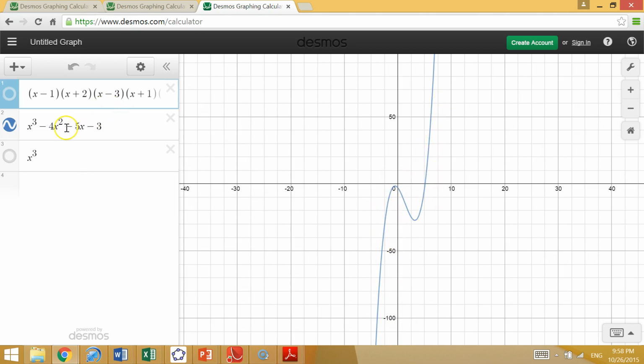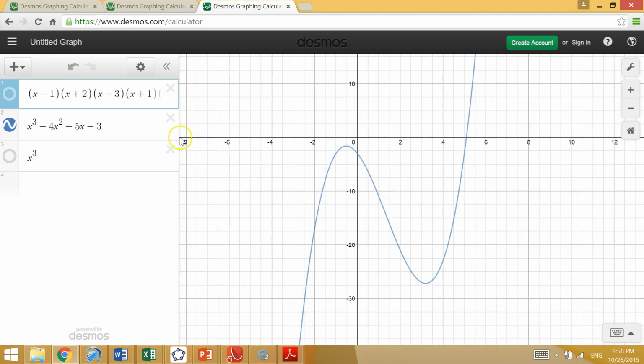In the middle, though, this negative 4x squared, negative 5x, and negative 3 have some kind of an influence on the function. Let me show you what it is. Negative 4x squared would be a downward-facing parabola crossing the 0 right here. It's influencing this part of the graph.